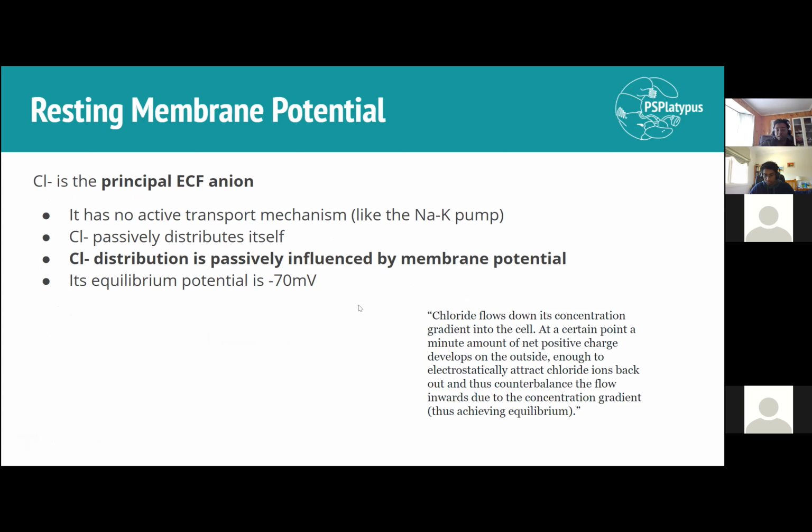It essentially passively distributes itself, and it's influenced by the membrane potential. I don't believe it directly contributes, because its equilibrium potential is in and of itself -70, which is the same. Everything else does passively redistribute, but this one is specifically influenced by the membrane potential itself.